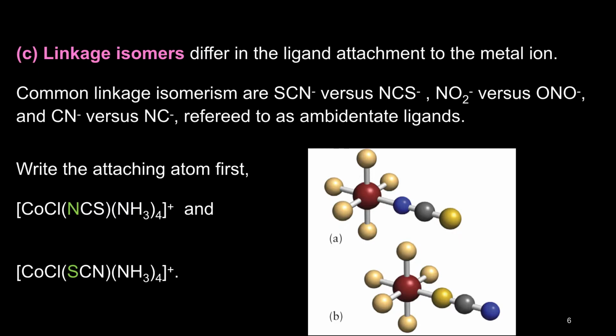The point of attachment is indicated in the name by the Greek letter kappa and then the atom which makes the bond. For instance, the top complex is named tetraamine chlorido thiocyanato-kappa-N cobalt(III) ion, with the kappa N indicating the attachment of the ligand at the nitrogen.